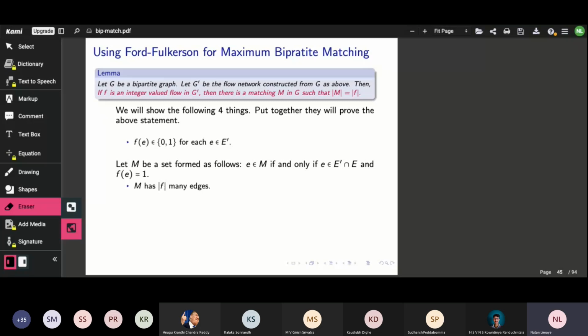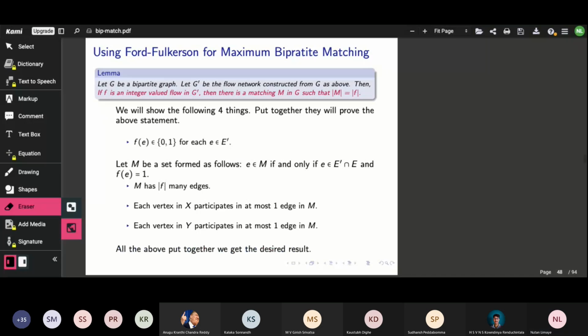Now, once we form this set M, we plan to show 3 things about it. Firstly, that M has cardinality f many edges. Each vertex in X participates in at most 1 edge in M, and each vertex in Y participates in at most 1 edge in M. Note that if we show all these things, then we have actually proven what we wanted to prove.